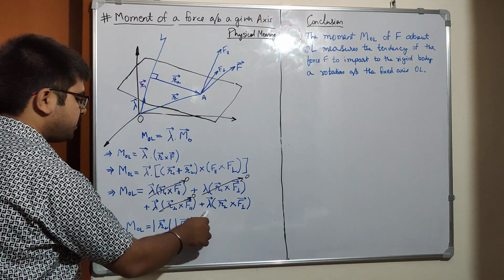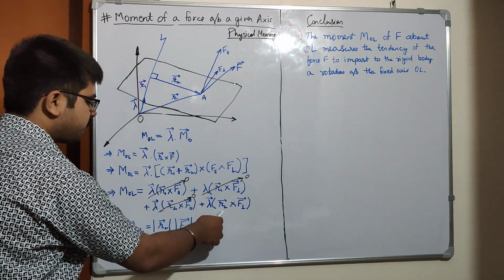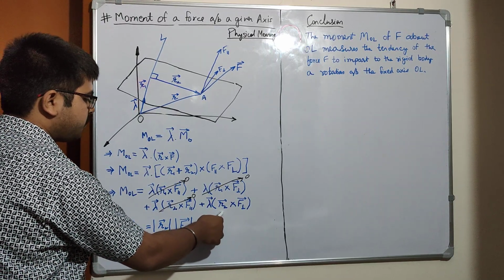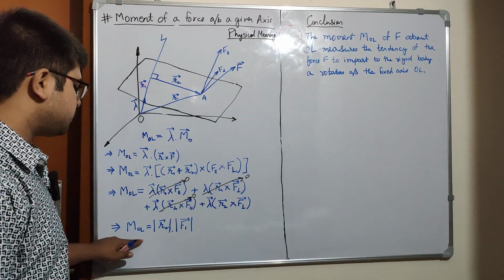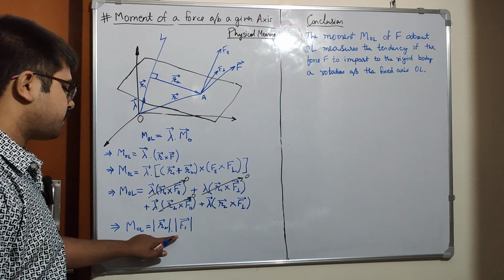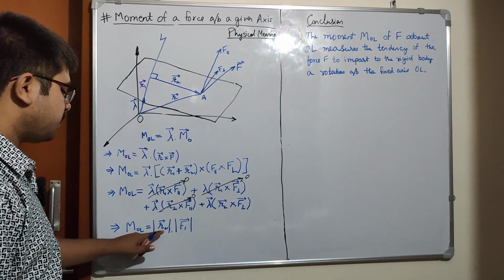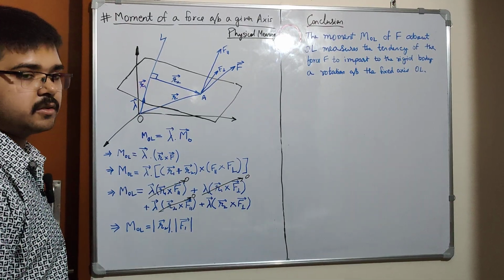We are only left with lambda vector dot R2 vector cross F perpendicular vector. So MOL is equal to the product of the magnitudes of R2 vector and F perpendicular vector.